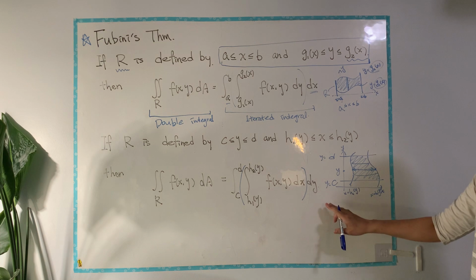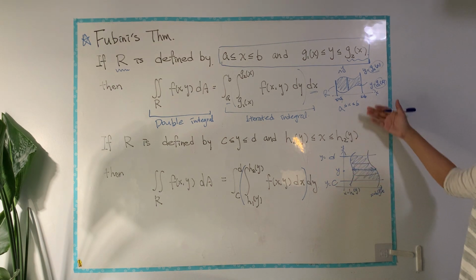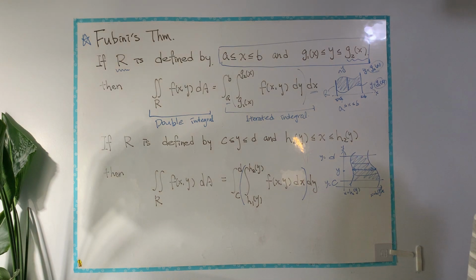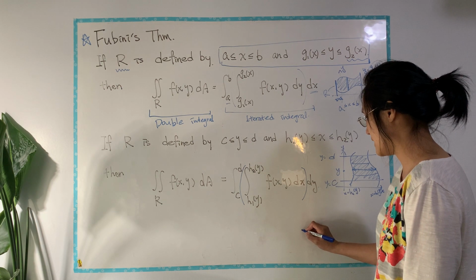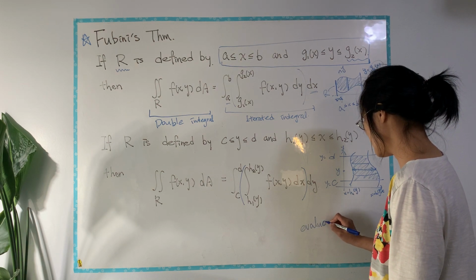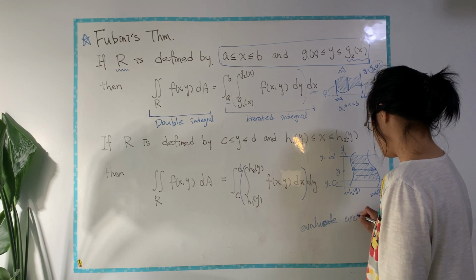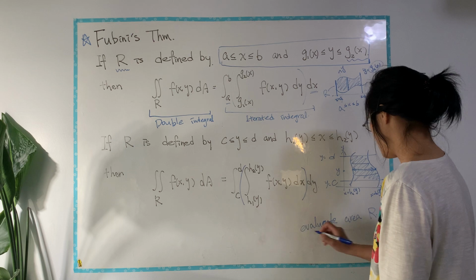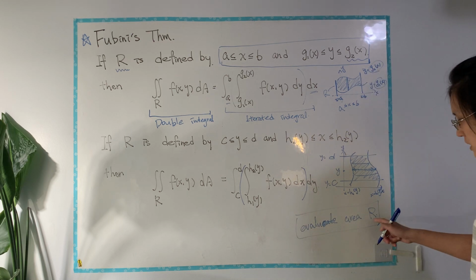You're going to see more examples of how we implement this Fubini's theorem, but this is just a general structure. You can compare the general structure with how we evaluate the area of a region R. We have a video talking about that.